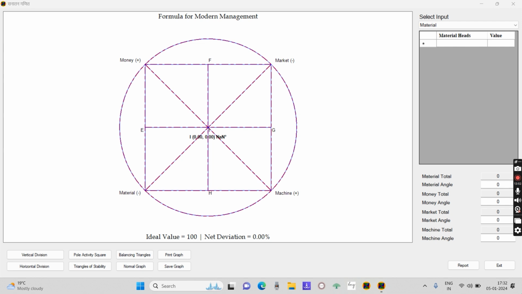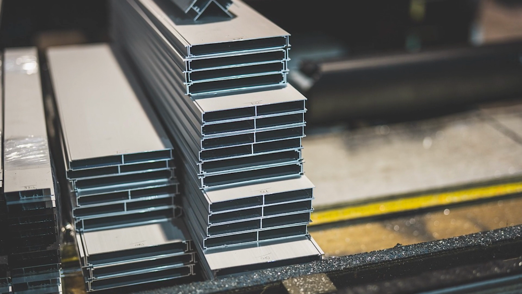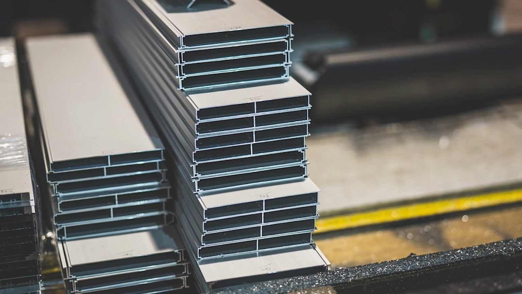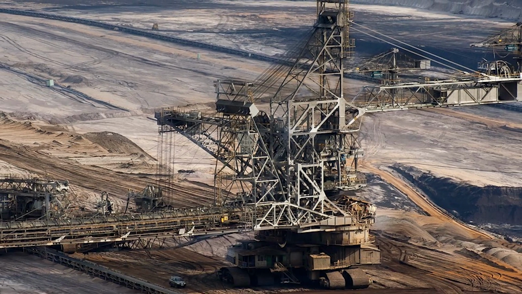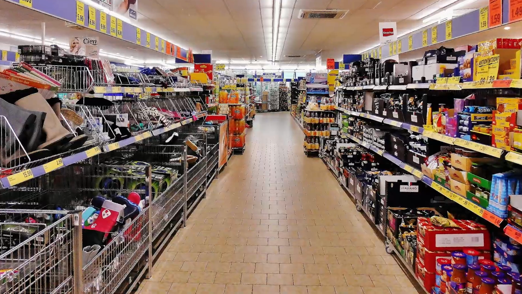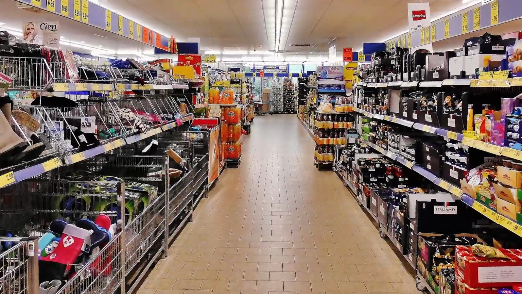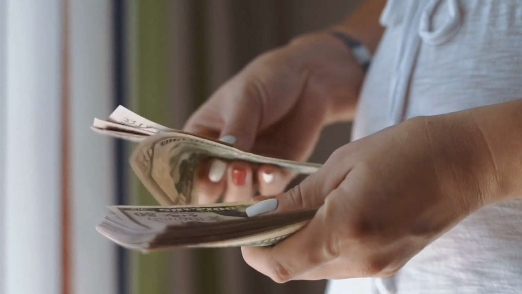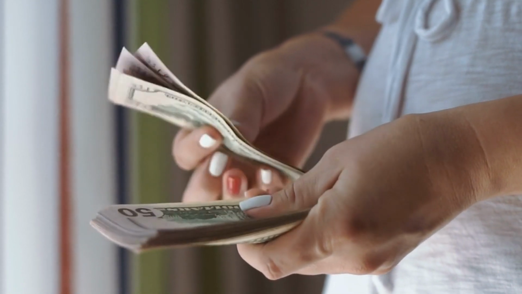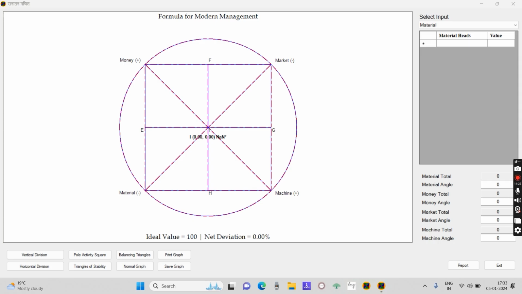It may be research on material, it can be research on machine, it can be research on market and money as well, because different combinations persist in the economy. For example, if a particular product is cheaper and readily available in the market, why should I process it?